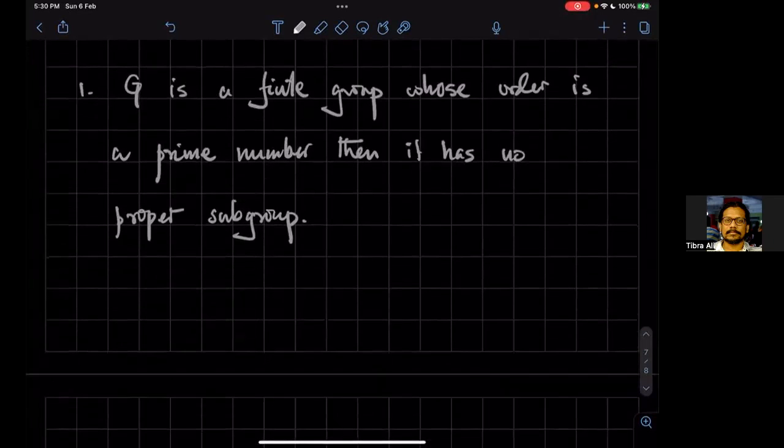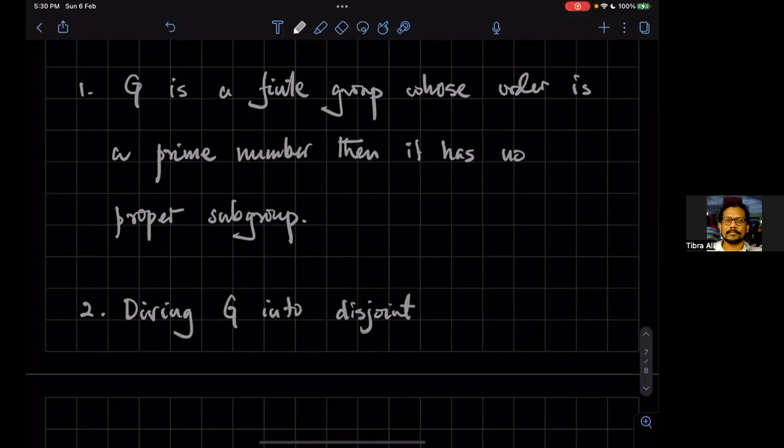The other thing I wanted to say about Lagrange's theorem is that if you follow the proof, you will see that the proof consists of dividing G into disjoint subsets.